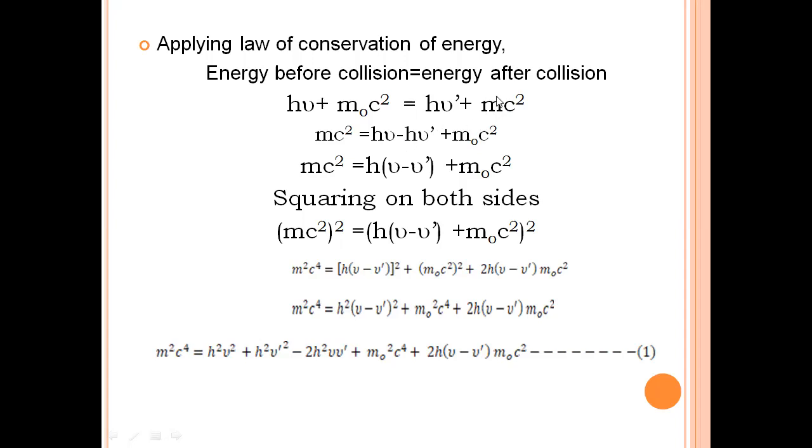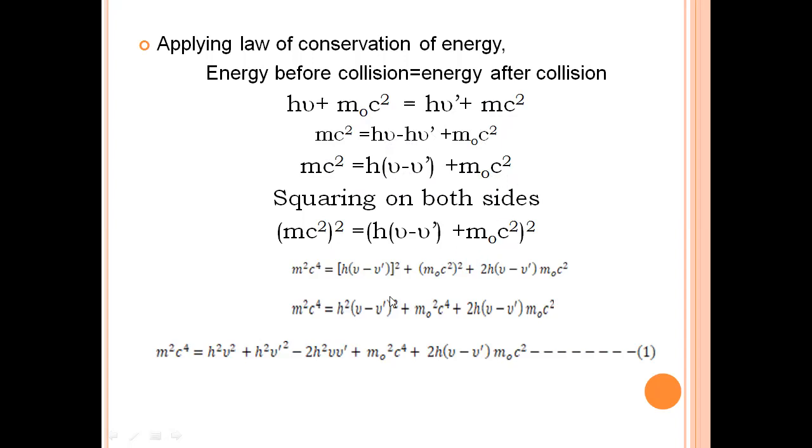Now just take mc square onto one side and take h nu prime onto the other side. You'll get mc square is equal to h nu minus h nu prime plus m naught c square. From the first two terms, if you take h as common, h into nu minus nu prime, plus m naught c square. Now squaring on both sides will give you m square c power 4, and on the other side it will be like the a plus b whole square formula.